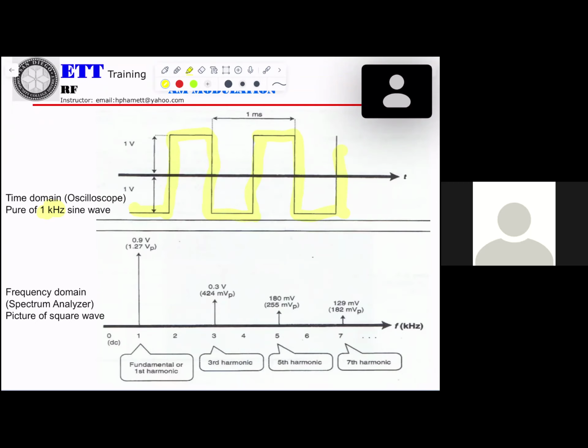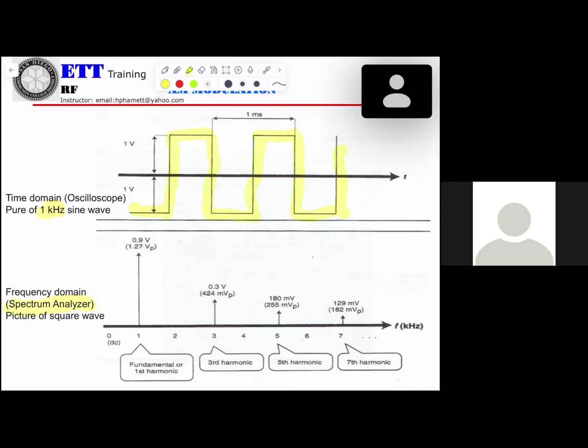Another display shows the same thing, however, on a spectrum analyzer. This is equipment we use for the lab in RF, radio frequency.